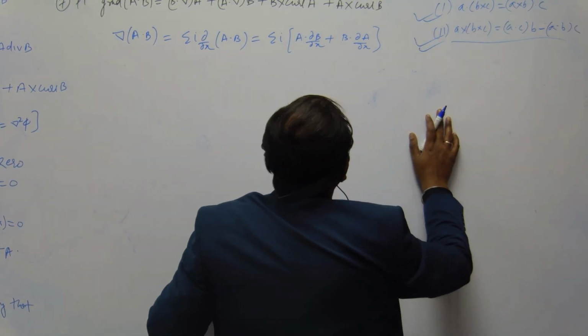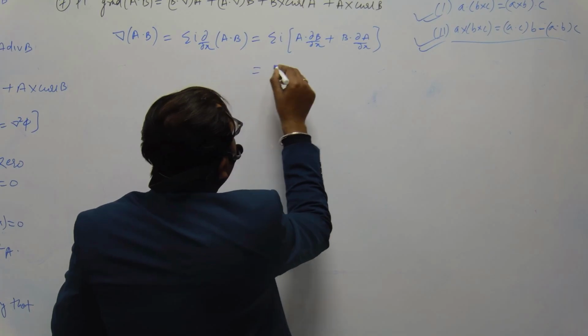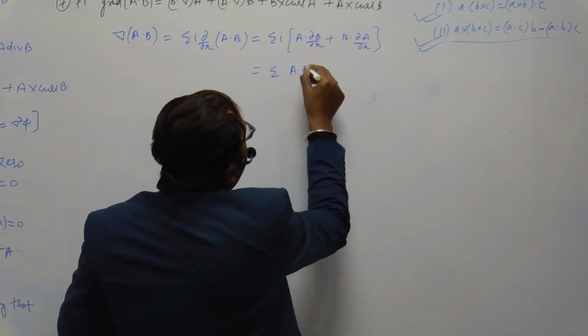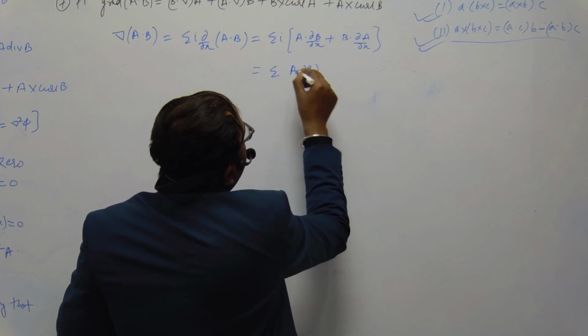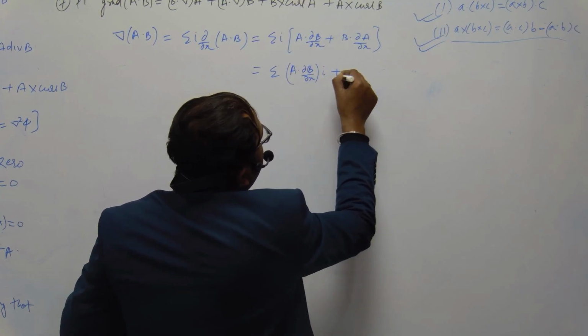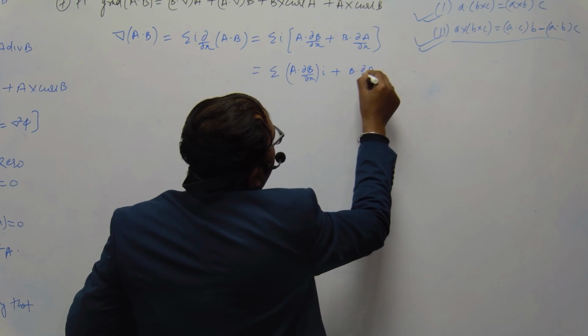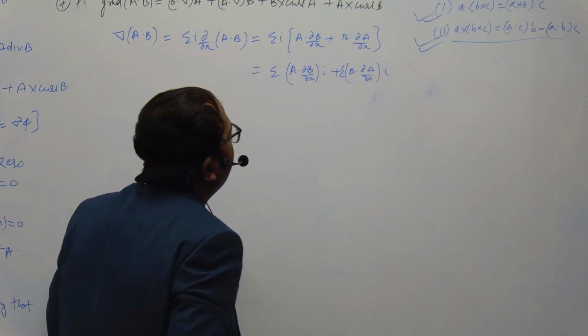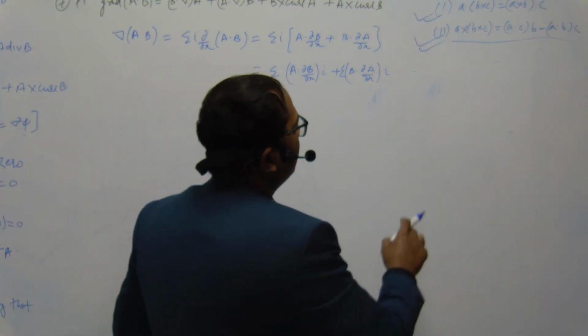This we can write as A dot del B upon del x into I plus B dot del A upon del x into I, this summation.